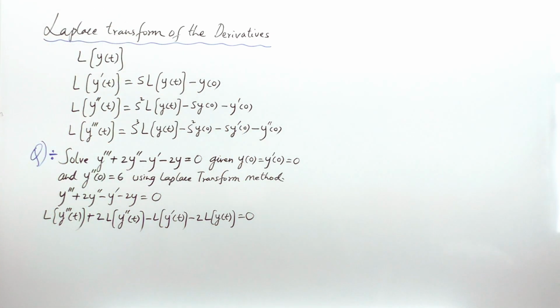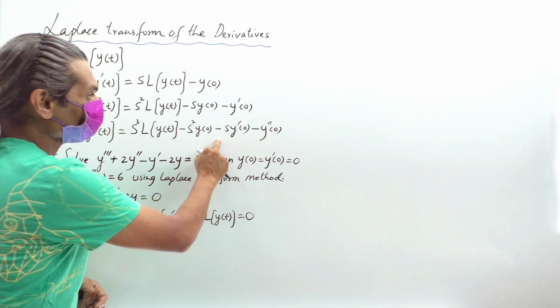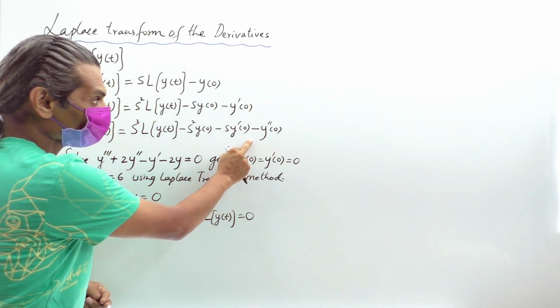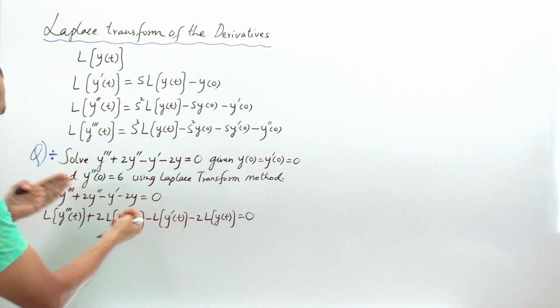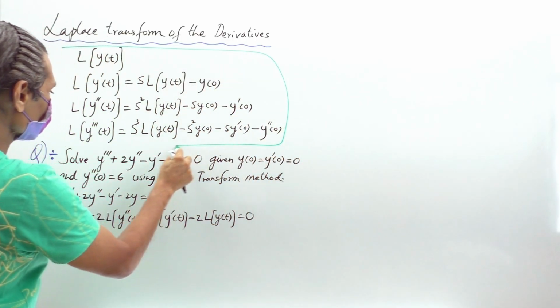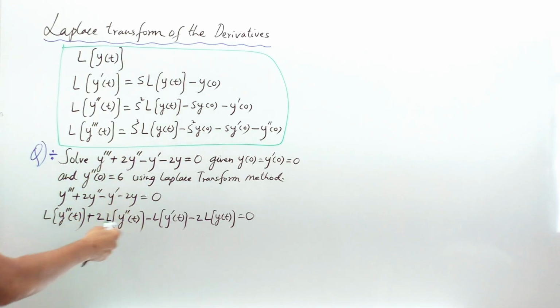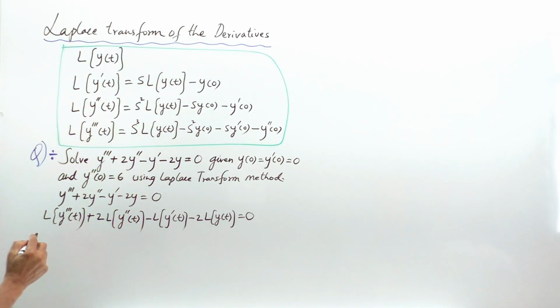Okay. Now, what is L of y triple dash of t? See, s cube L of y of t minus s square y of 0 minus s y dash 0 minus y double dash 0. So let's put whatever expressions we have written here. Let's employ them here. So first, what is L of y triple dash of t?